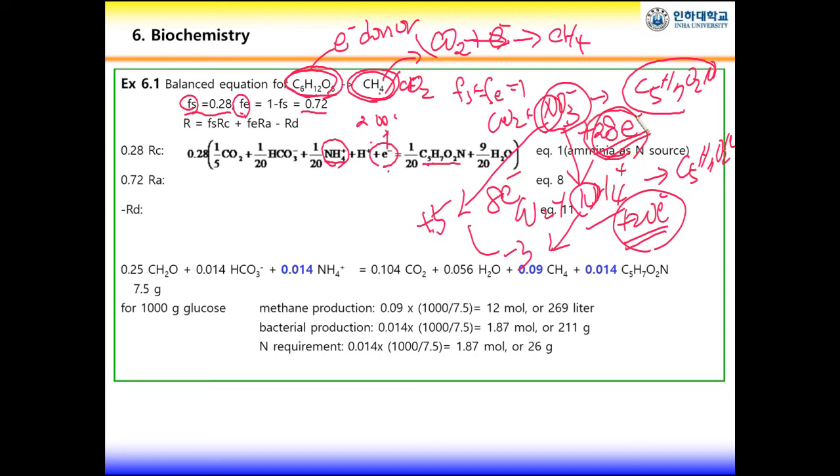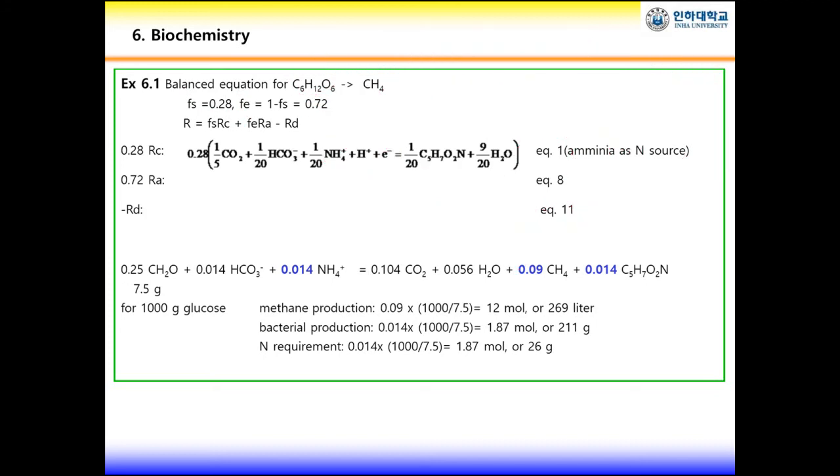That's why you need 28 electrons to make 1 mole of cell from nitrate, and you need only 20 electrons when you use ammonia as the nitrogen source. I'm sorry. Okay, the acceptor is simple. You can write it down.